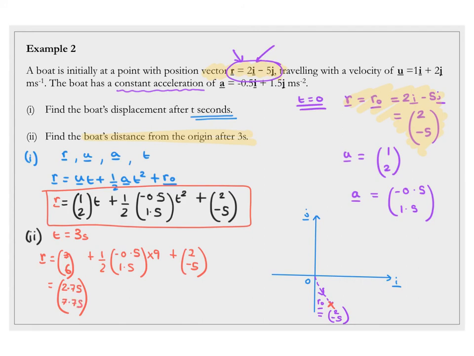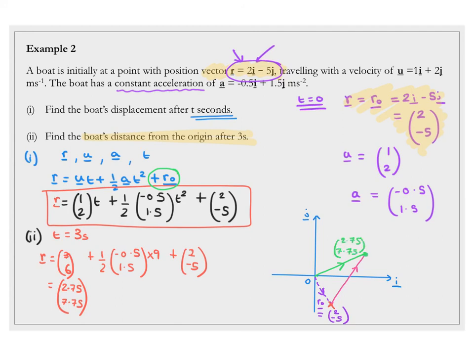Now, if we had just worked out ut plus a half at squared, we would have found this pink vector here, i.e. the displacement from the starting point of the motion. But because we adapted our SUVAT equation to include plus r0, we actually have this green vector here, and this green vector is the vector (2.75, 7.75).